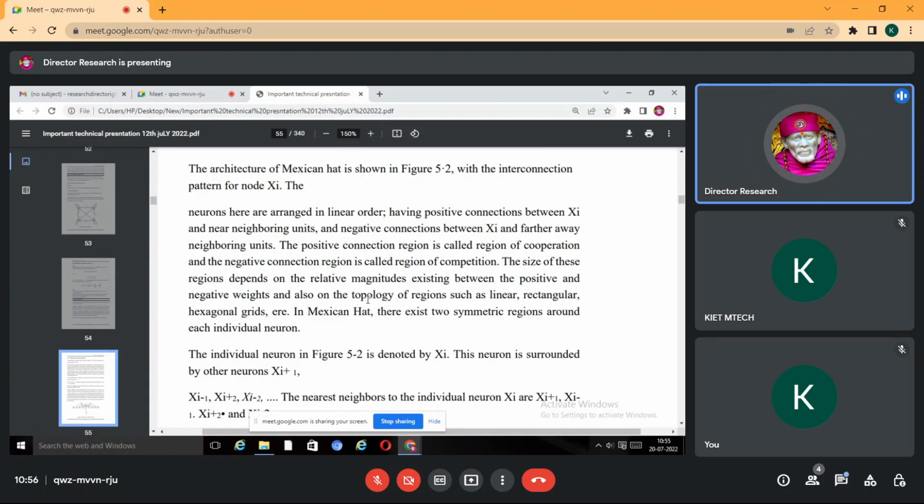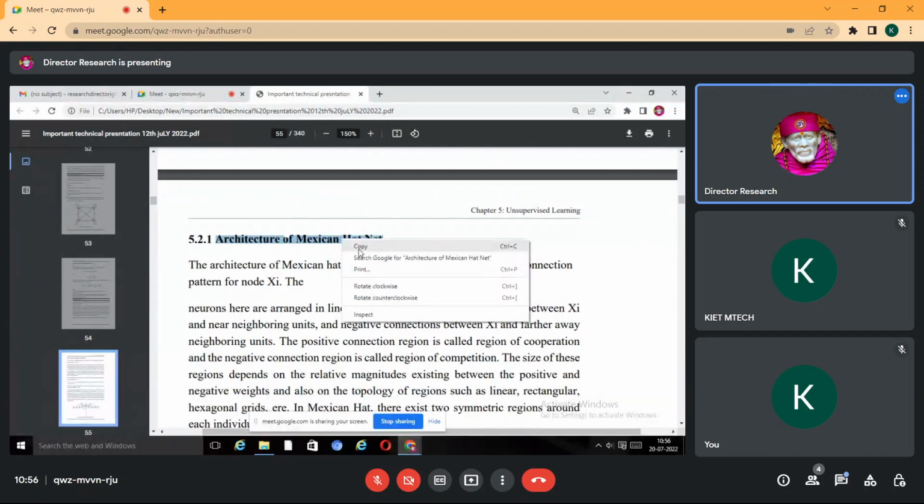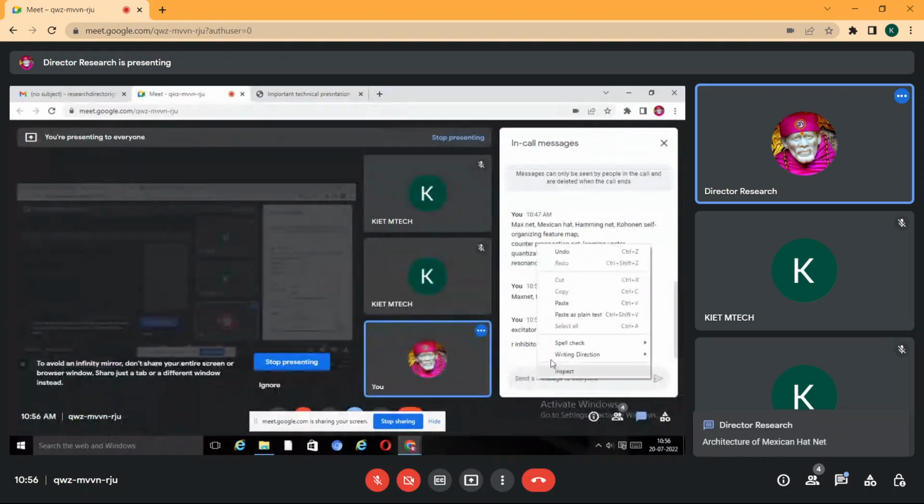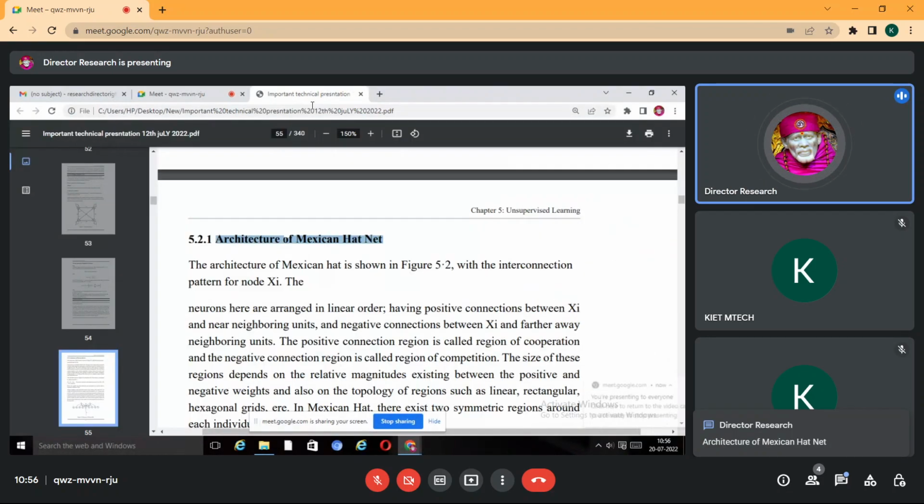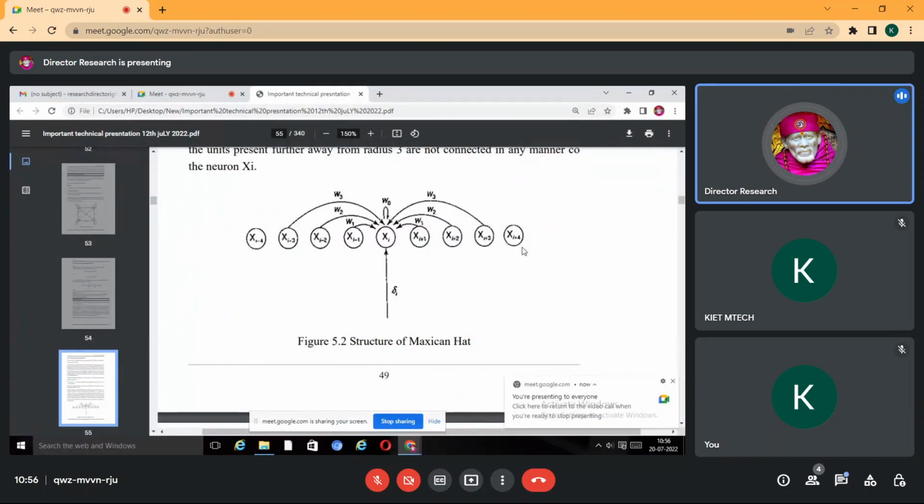Architecture of Mexican hat net. The architecture of the Mexican hat net is shown in the figure.